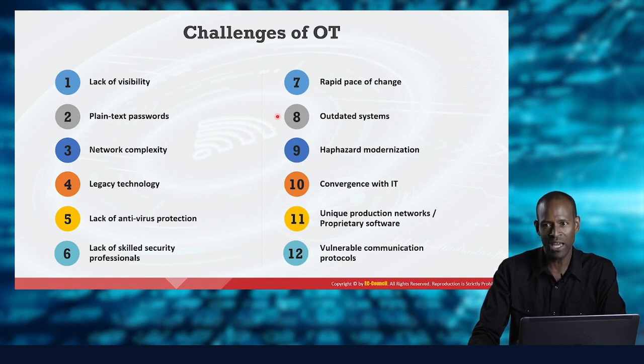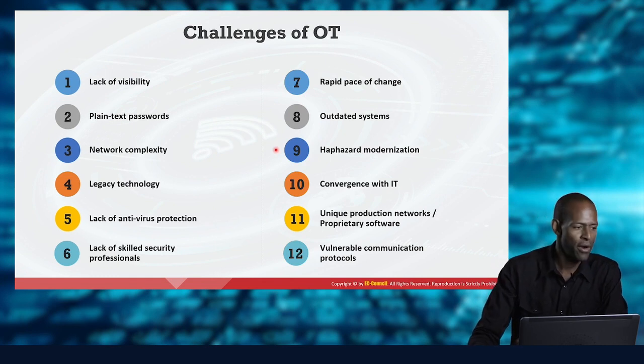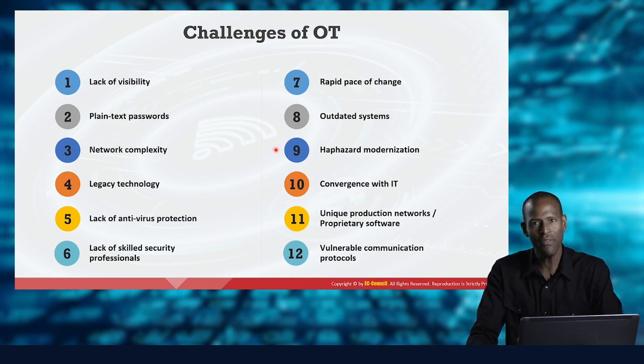Yes, you will find systems like that out in the OT world that are still running on antiquated software, antiquated hardware. And then we have haphazard modernization. It is very dangerous in some cases the way modernization happens, because what will happen is it'll modernize part of the plant, part of the system, but not the other.